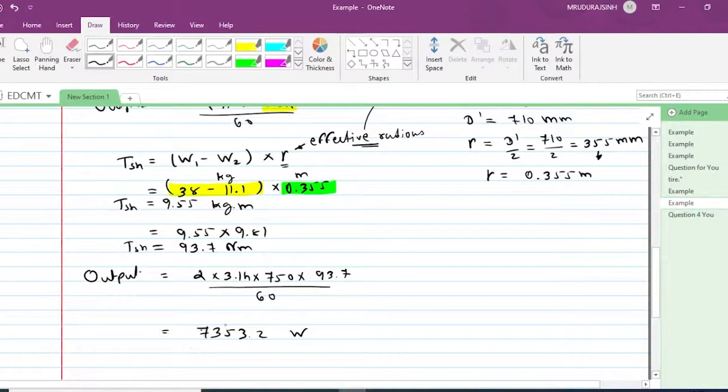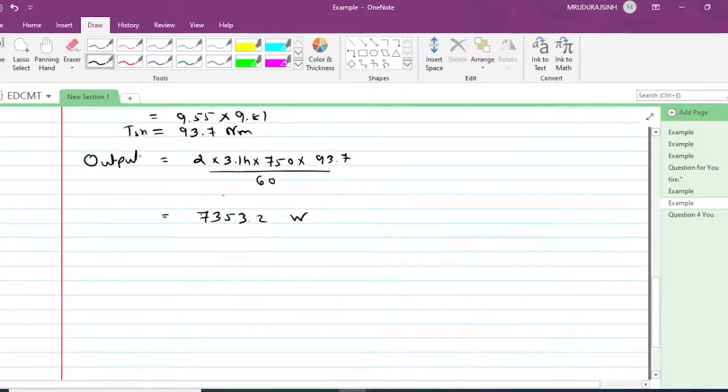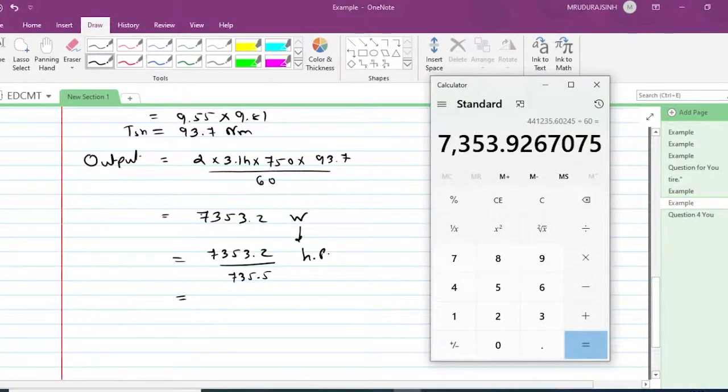This is in watt. If I want to convert it into HP, I need to divide it by 735.5, and that gives us 9.9985.